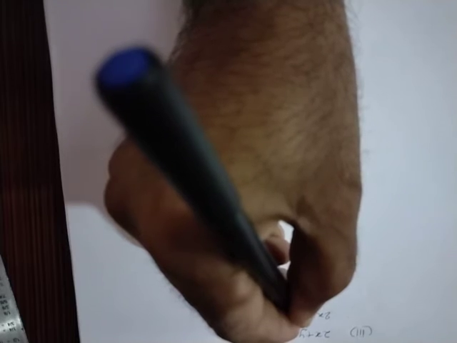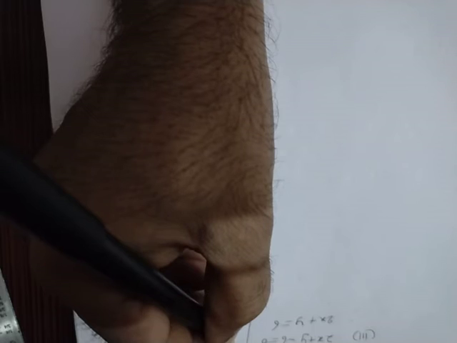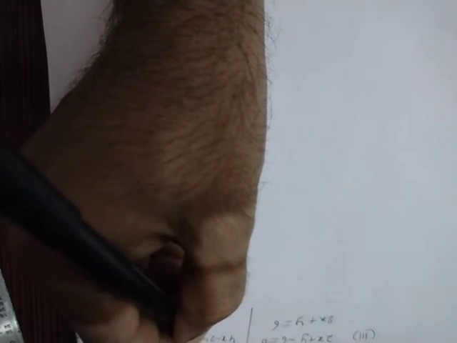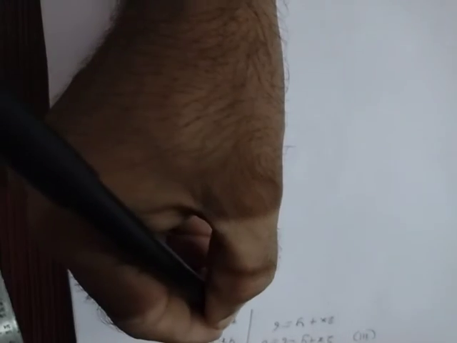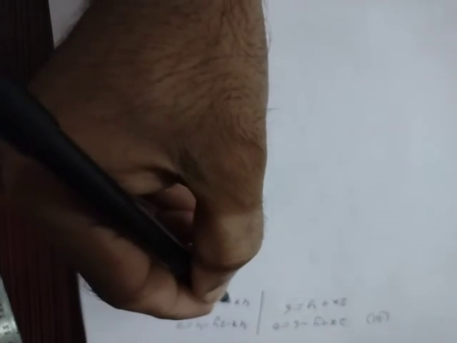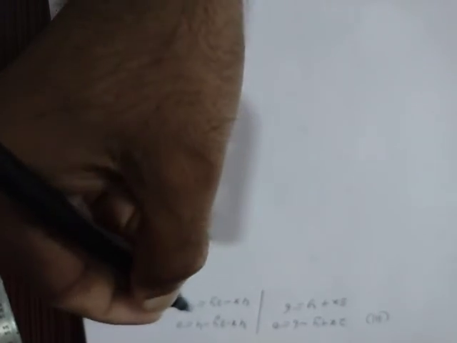Now third part: 2x plus y minus 6 is equal to 0, so 2x plus y is equal to 6, and 4x minus 2y minus 4 is equal to 0, so 4x minus 2y is equal to 4.